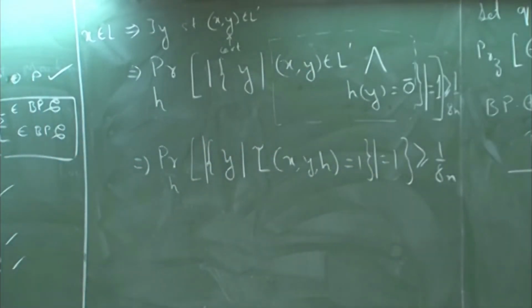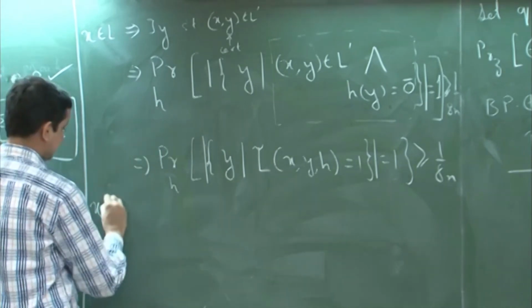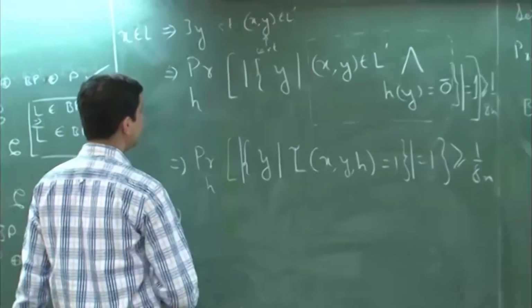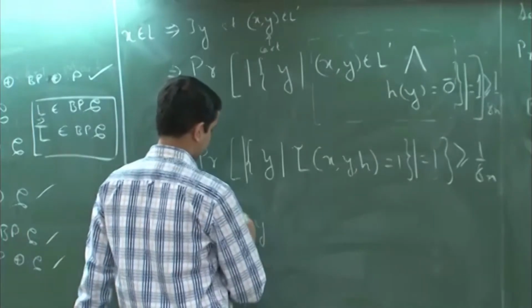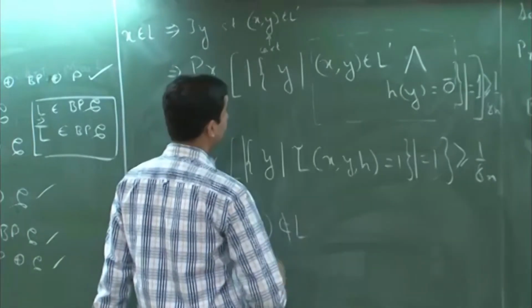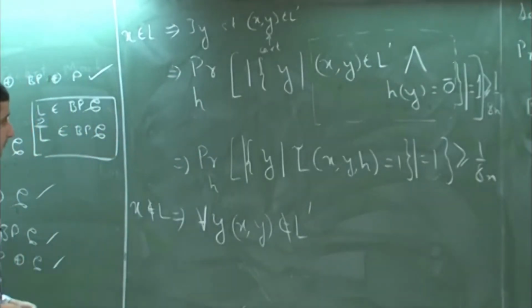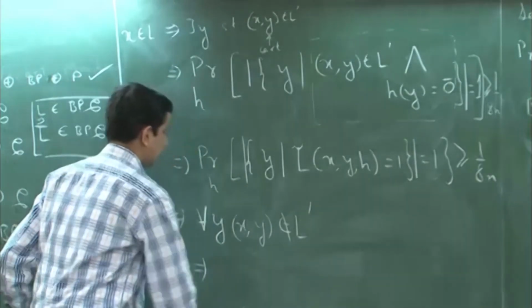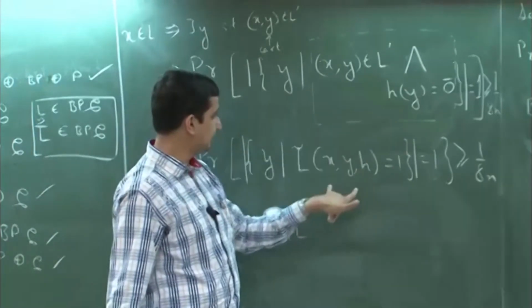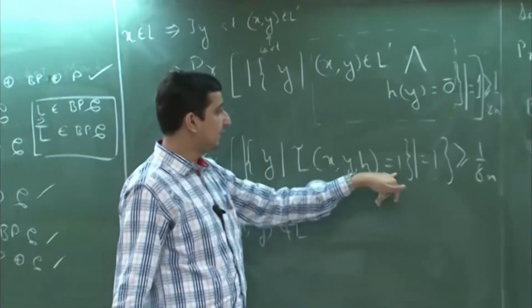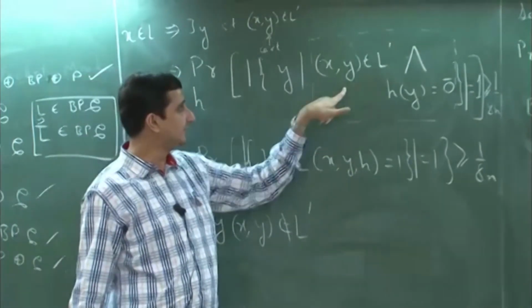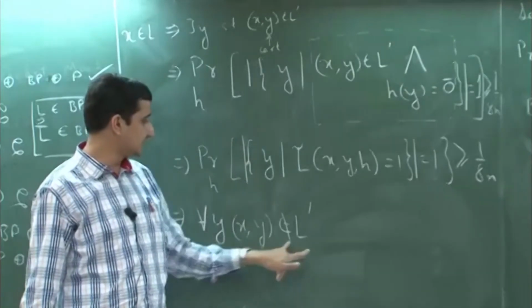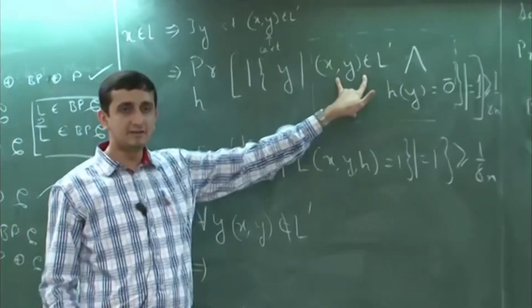Okay. So this is if x belongs to L, and if x does not belong to L, what we know is that for all y, x comma y does not belong to L prime. So if I again take the same machine L tilde, this will evaluate to 0 on all such pairs, because for all y's this does not belong to L prime, so this predicate always evaluates to false.